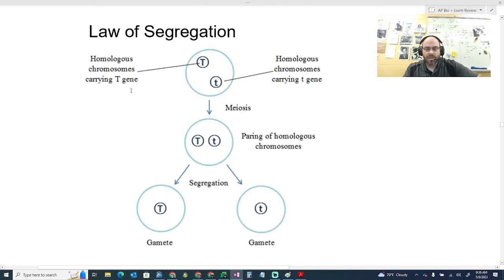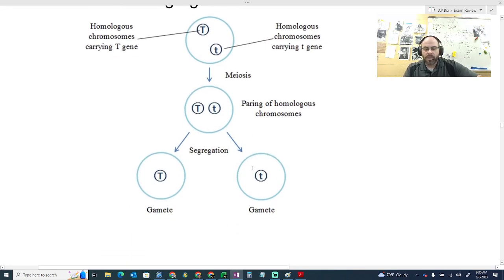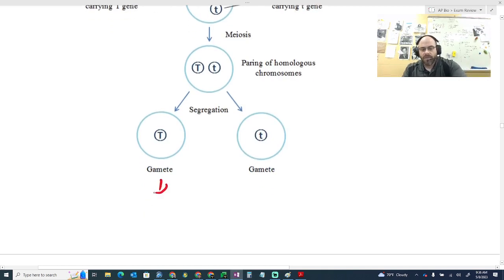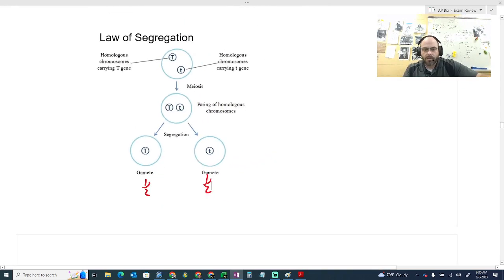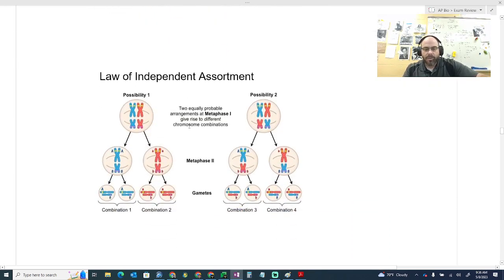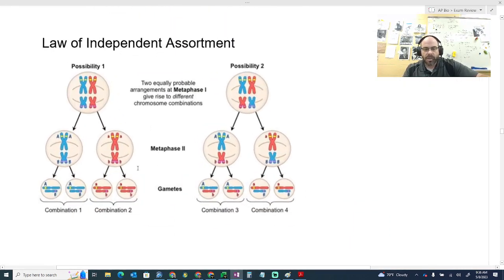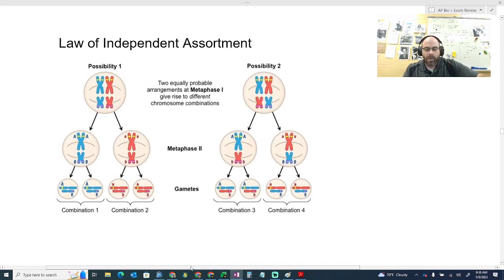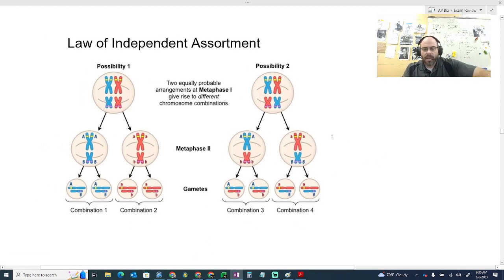The law of segregation says that big T and little t have an equal chance of being inherited because they're going to split up. And so this is a 50-50 chance, and this has a 50-50 chance of being inherited as well. And then we talked about independent assortment. We gave the example up above, so you can go back and look at that, but that is also a very important idea in dealing with heredity.